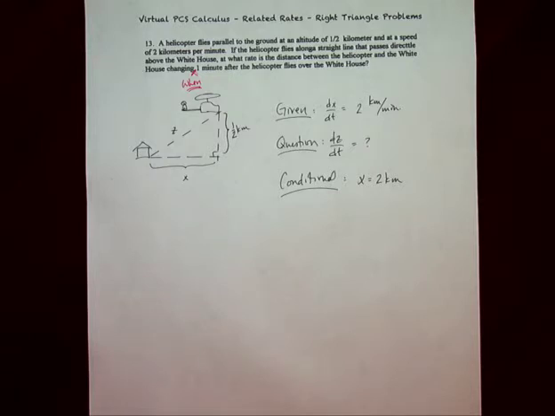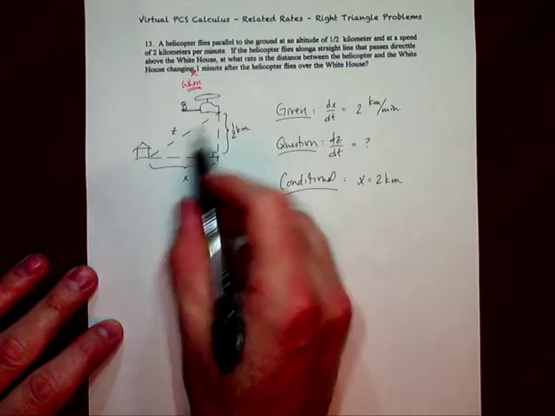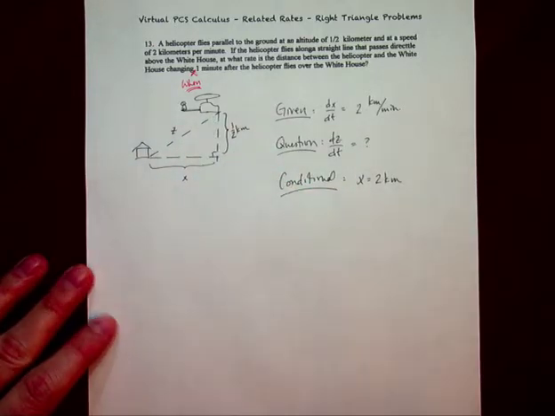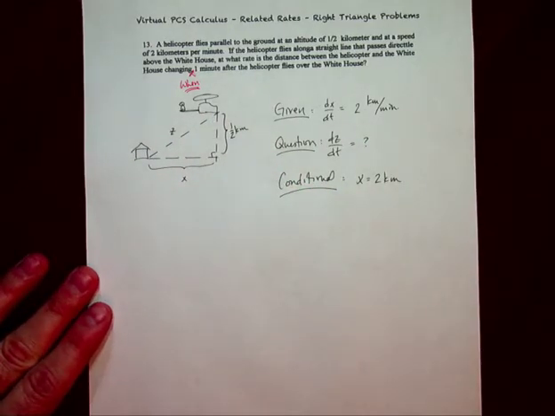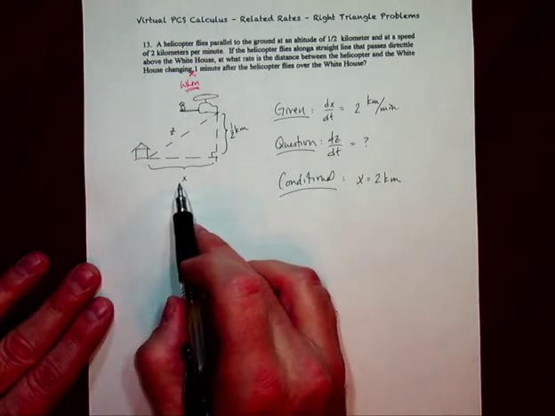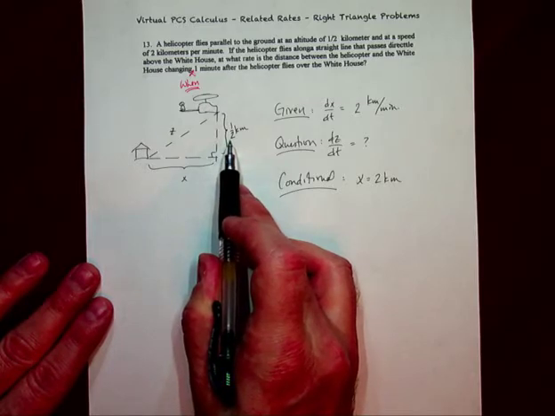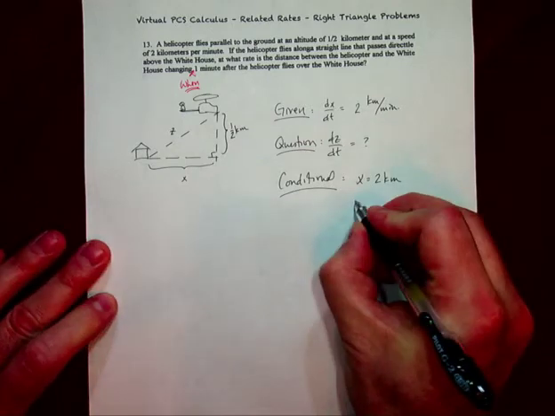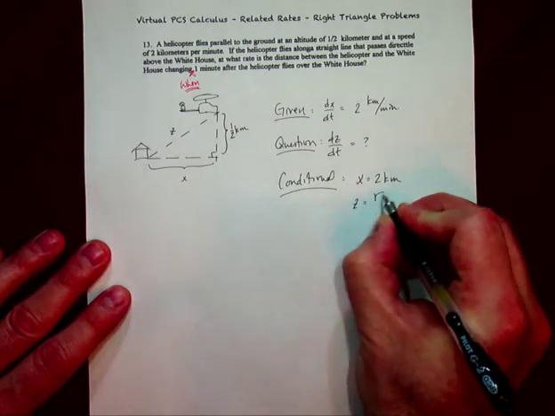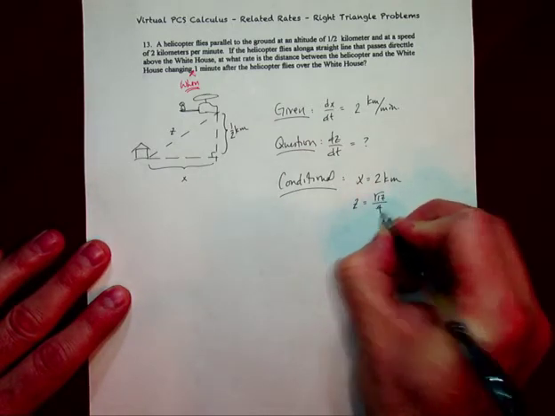It doesn't tell us what z is at that moment, but it's easy enough to find out. All you have to do is 2 squared plus 1/2 squared, so that's 4 plus 1/4, which is 17/4, so z equals root 17 over 2 kilometers.